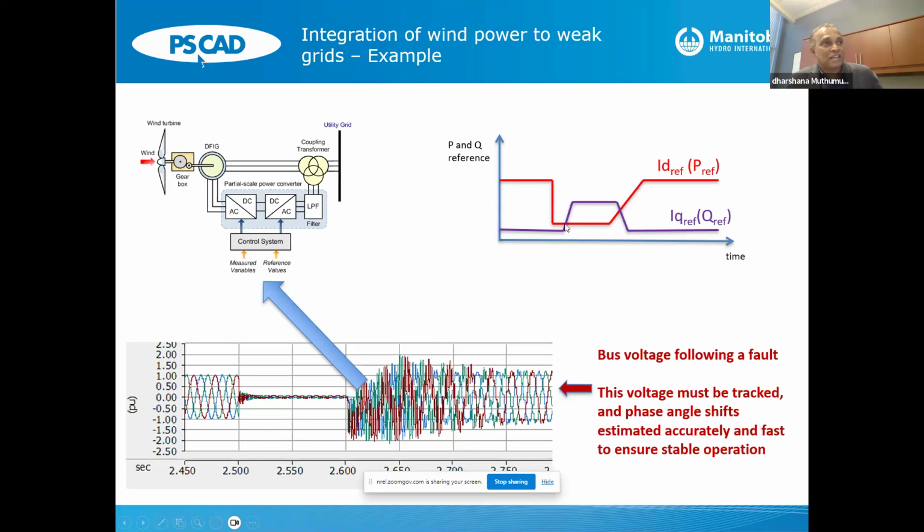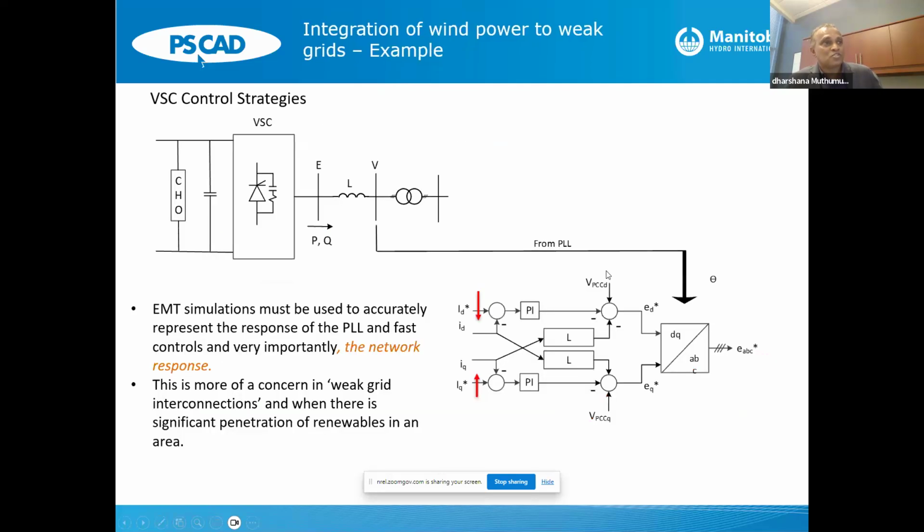So this is done at the inverter control level, right? There would be control features to drop ID reference, increase IQ reference, and then you will go through all the calculations, decoupled controls, and so on.